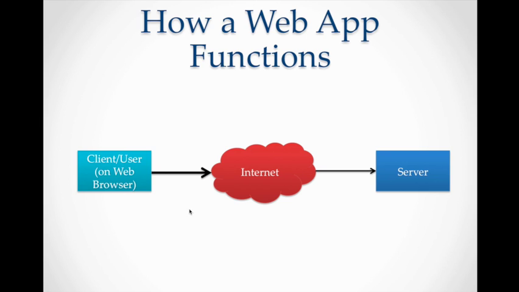So your request for google.com goes to the internet. It's then routed to Google's server that's located in California, I guess. So it reaches the Google server, and the server reads that some user from a certain location has requested the homepage of Google.